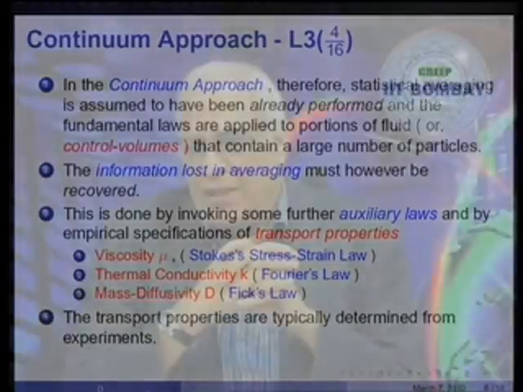They are simply very, very tiny. And since we assume that the fluid is viewed such that averaging has taken place, obviously some information is always lost in any averaging, and therefore that information must be recovered.